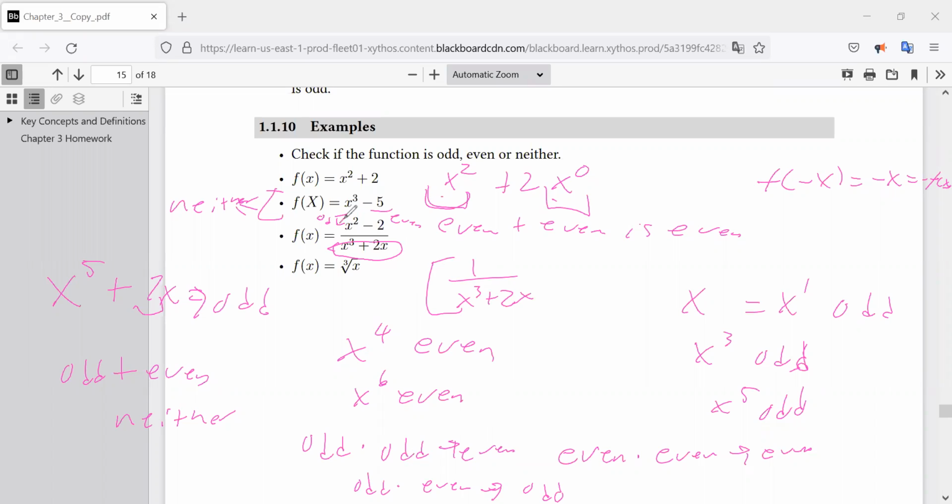And this right here is even. So we had even divided by odd, and that gave us odd. Does that make sense to people? Okay, I think so. Cool, good. This is why we call them odd and even, because they correspond to odd and even exponents and functions.